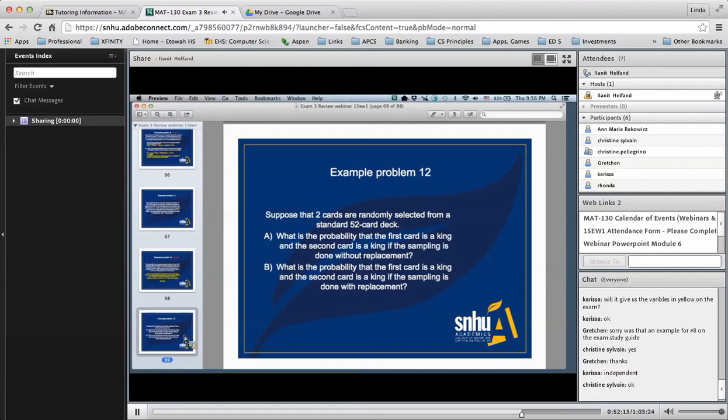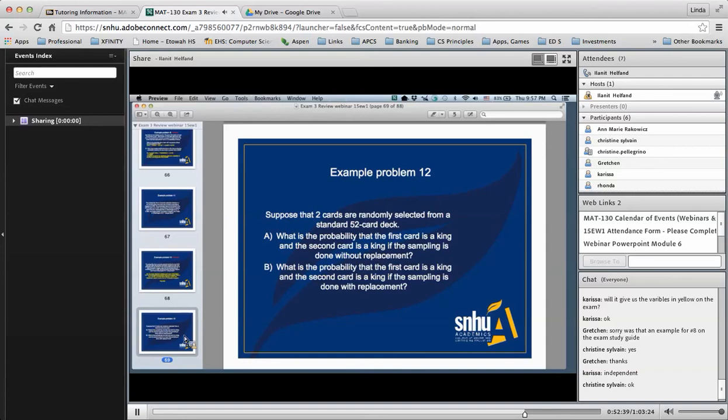Without replacement means that I take a card out and I see what it is, but I don't put it back in the deck before taking out the second card. And then what is the probability that the first card is a king and the second card is a king if the sampling is done with replacement? Meaning I take out a card, I look at what it is, but then I stick it back in the deck and I shuffle it again, and then I pick a new card. Okay, so that's the difference between with replacement and without replacement.